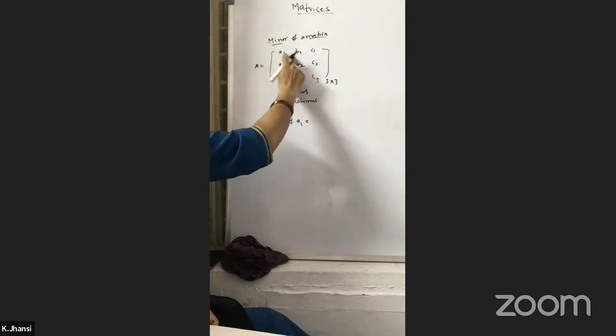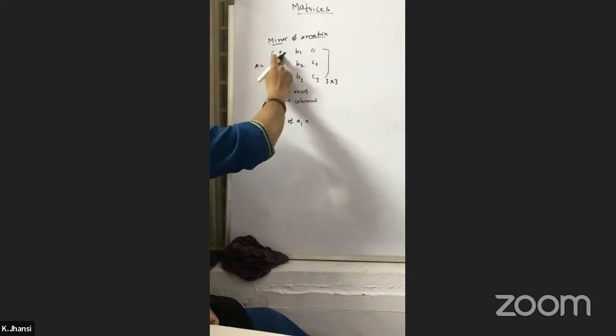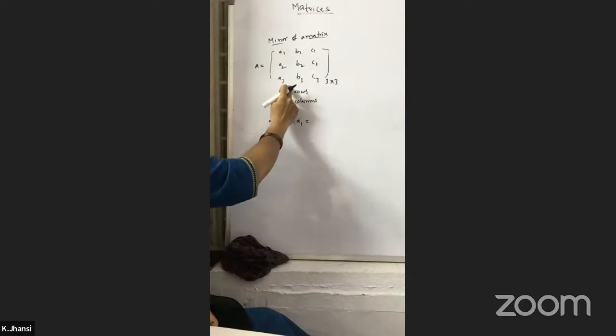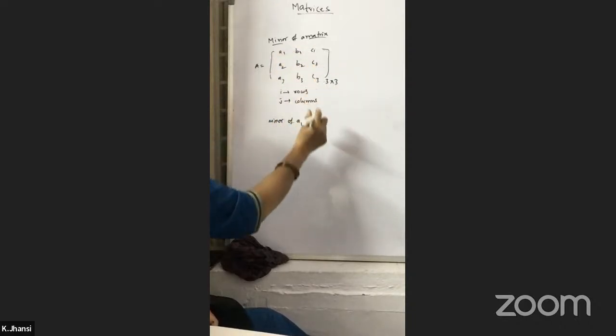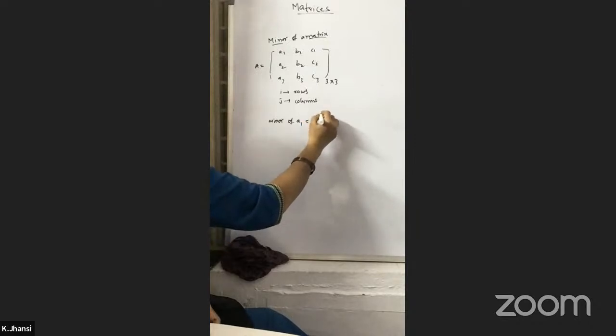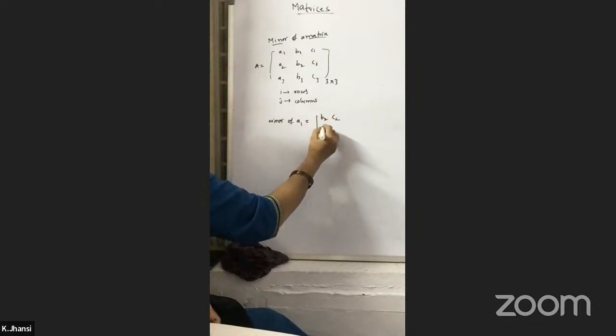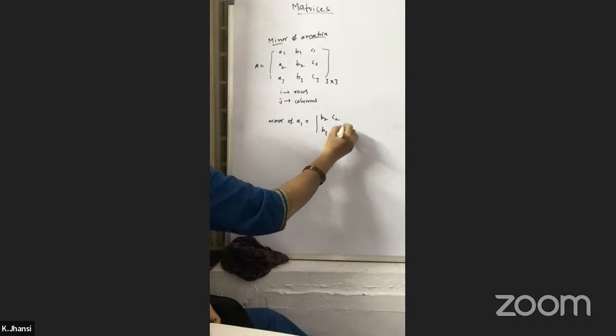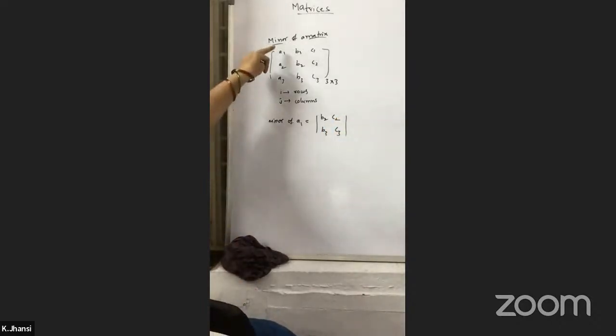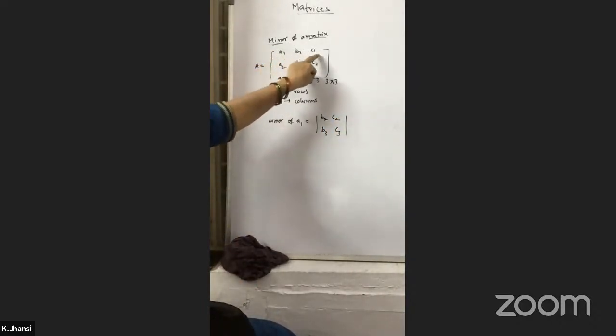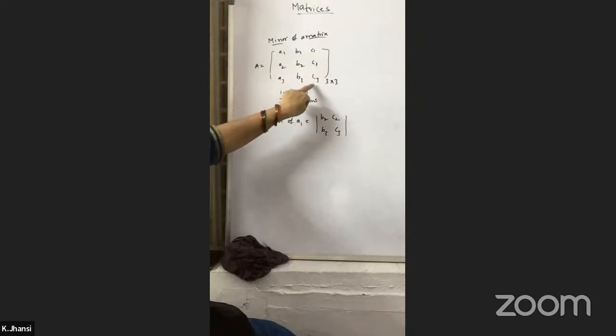For that, you have to eliminate, means you have to take out this row and this column. If you take out this row and column, what is remaining? These elements are remaining. That is the determinant of B2, C2, B3, C3. Okay. You have eliminated this column and this row. Only this is left.